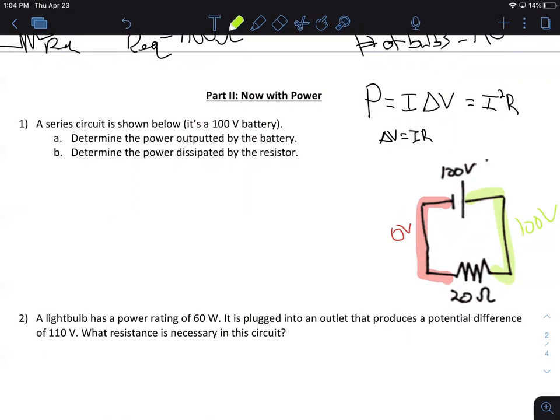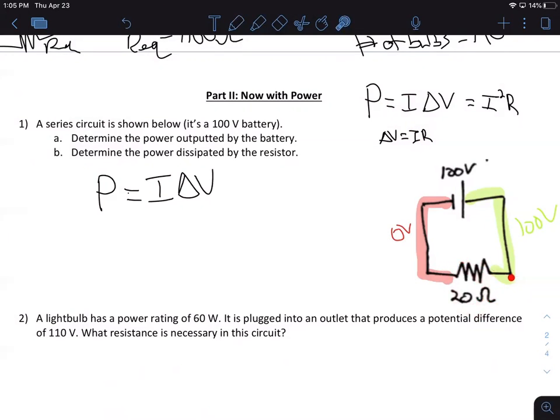All right, power outputted by the battery. Power equals the current times the change in voltage. So I need to find the current. How can I find the current here? Both relationships involve current. I can't use the power one right now because that's what I need to find. Ohm's law tells me the change in voltage is the current times the resistance for a resistor.